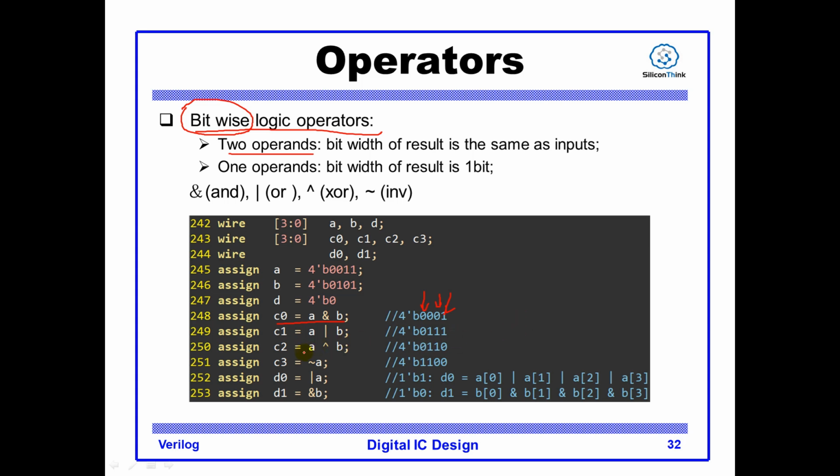The two are the same. Each bit of A and B will be exclusive ORed. Then the result will be 4 bits and assigned to C2. If this operation is used with only one operand, the result will be just 1 bit.